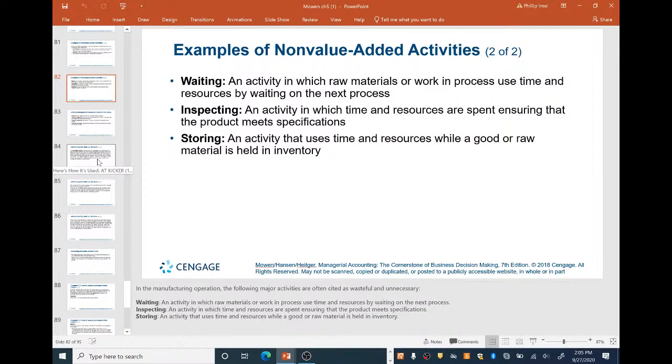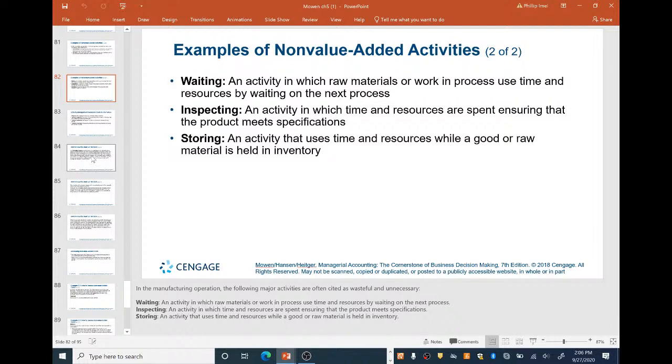We don't want to just wait and have idle time. That's lost money. Inspecting, this is an activity in which time and resources are spent ensuring that the product meets specifications, making sure that an item's up to code or whatever regulations it has to be up to date for. This could be for federal purposes with the government, for insurance purposes, or for the safety of working conditions for employees.